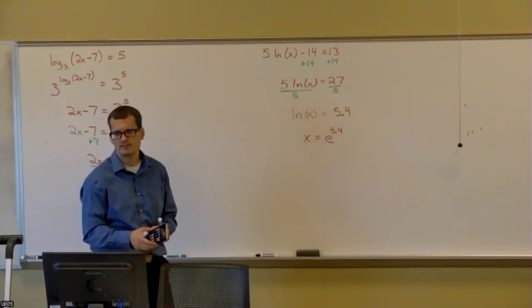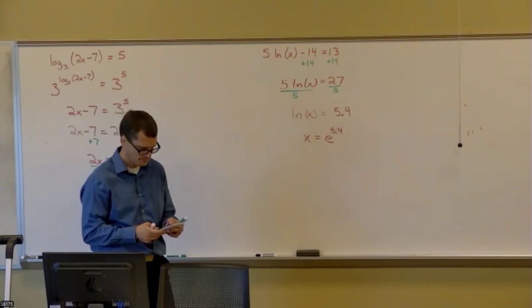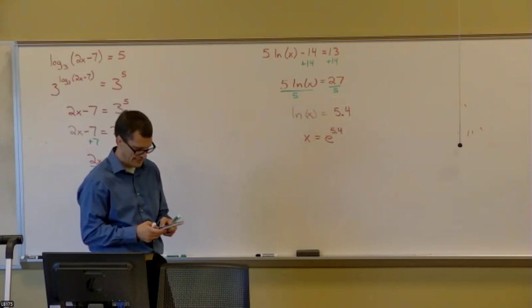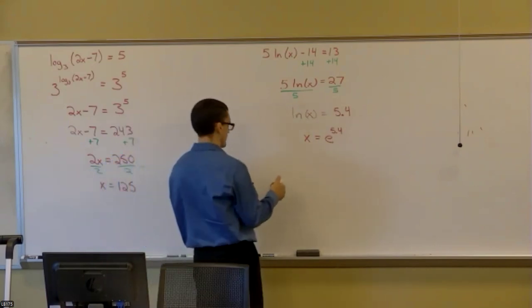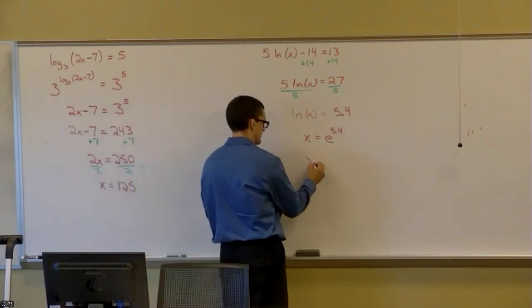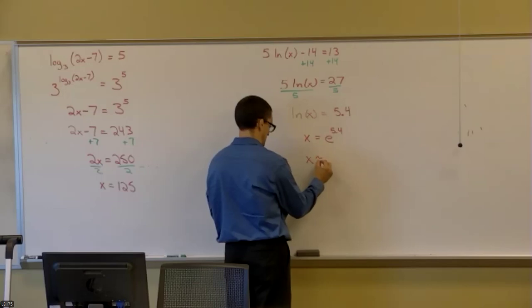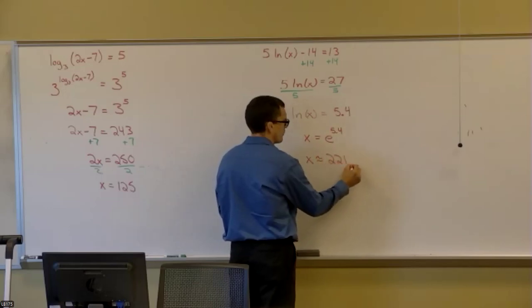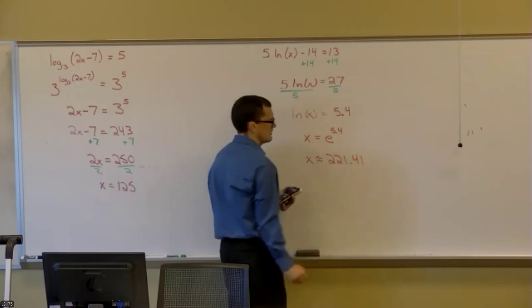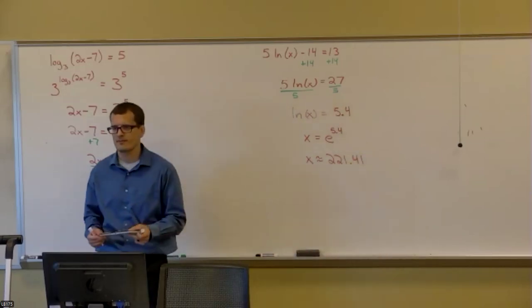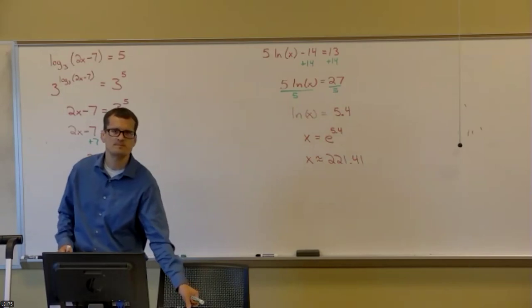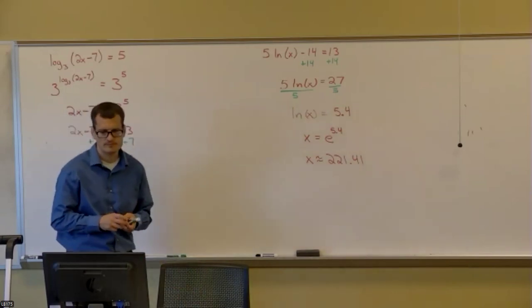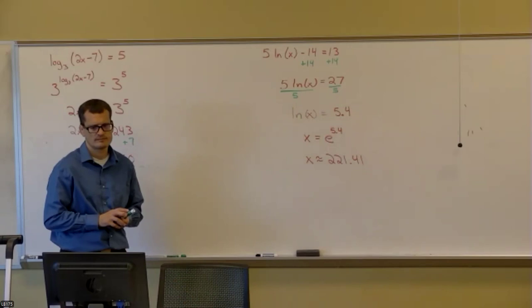That makes sense. E raised to the 5.4 power as your x. So that's 221.41, rounded to a couple of decimal places. That all make sense?